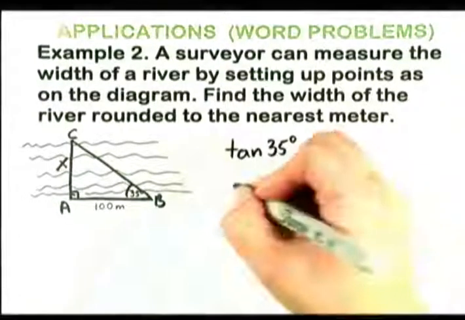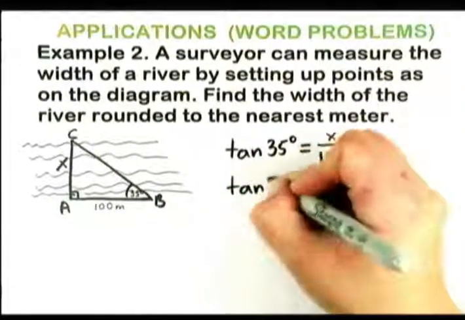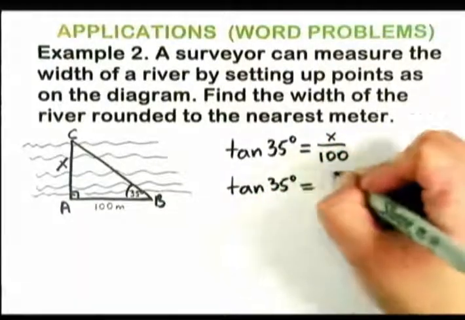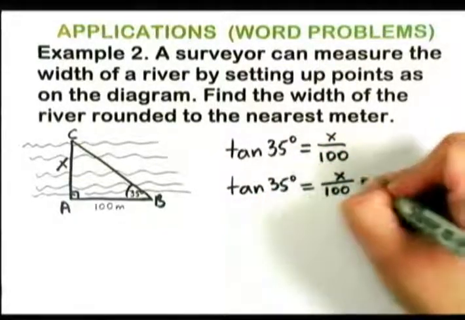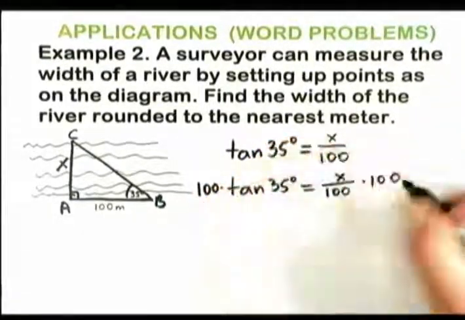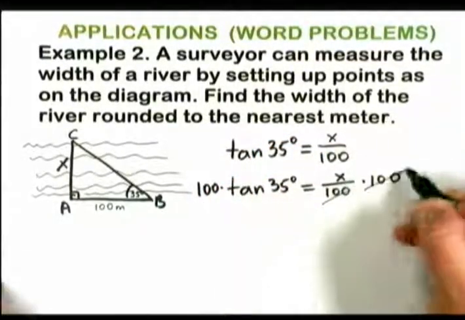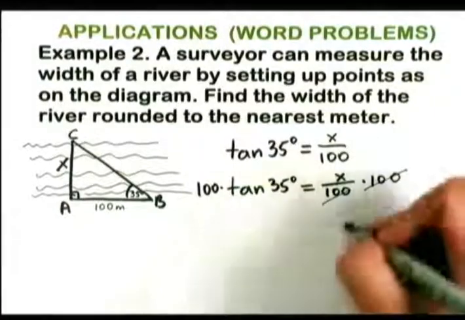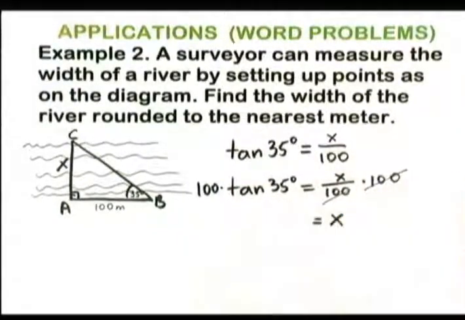Tangent 35 degrees equals X over 100. We multiply times 100 on both sides, then the 100s cancel out. So my X is equal to 100 times tangent 35 degrees.